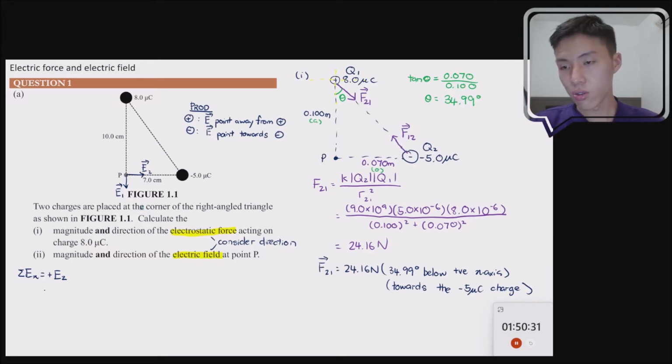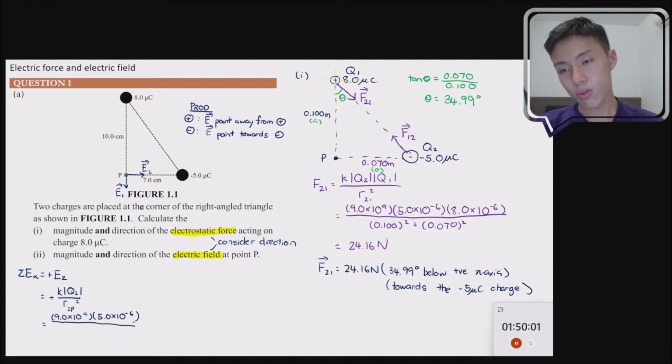You can continue and calculate it to be positive k Q2 over R2P squared, which is 9.0 times 10 to the power 9. Q2 is negative 5 microcoulomb, but we cannot put in the sign because we modulus the Q already.